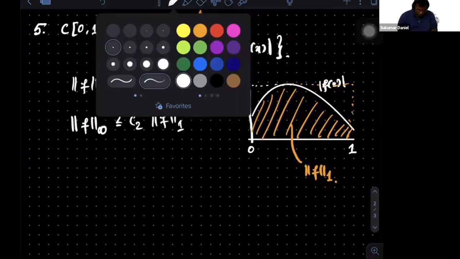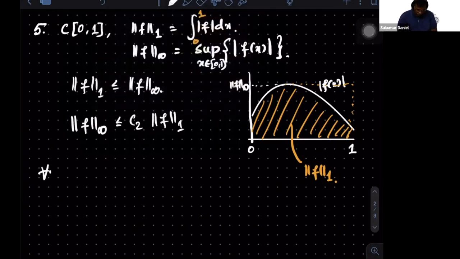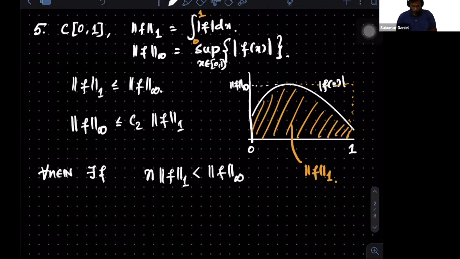That means I go back to the same principle that for all natural numbers n, I should produce a function f such that this inequality is not true, which is the same as saying I have C2, sorry, n times norm f1 is not satisfying, so it is strictly less than norm infinity. Is that what we want to show?